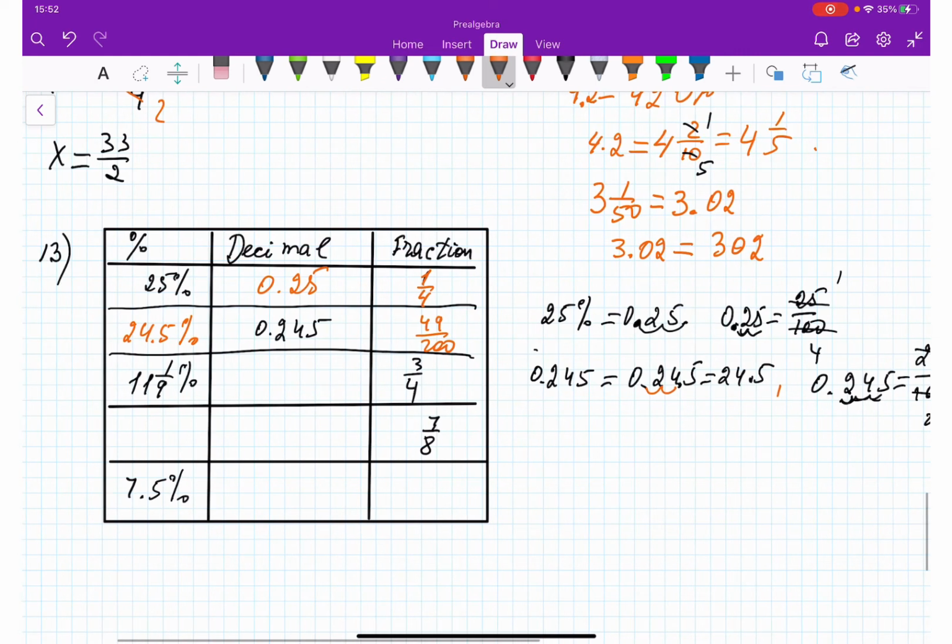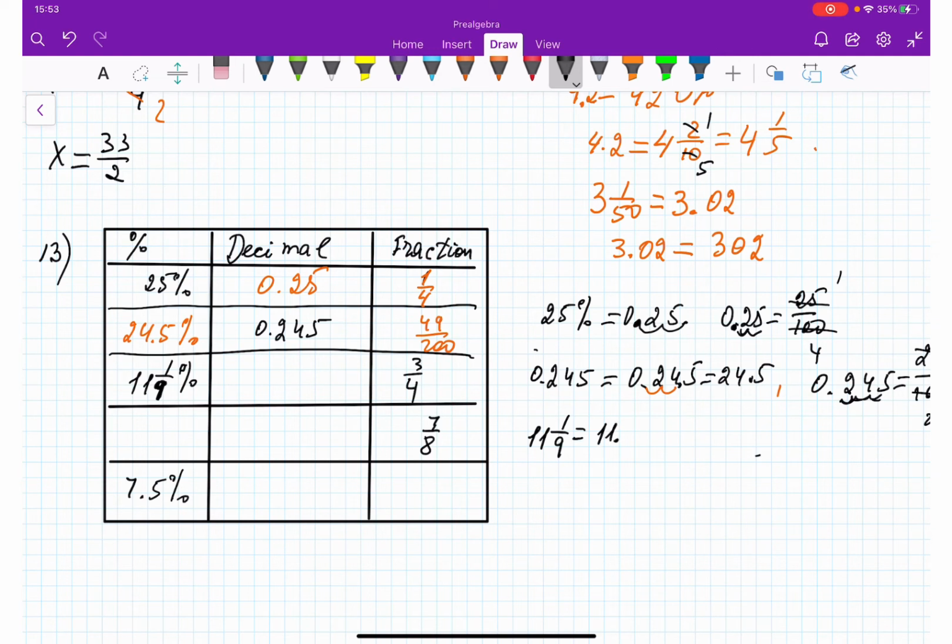All right. Next, 11 and 1/9%. First of all, we need to get to decimal notation. So let's do it. 11 is a whole number.